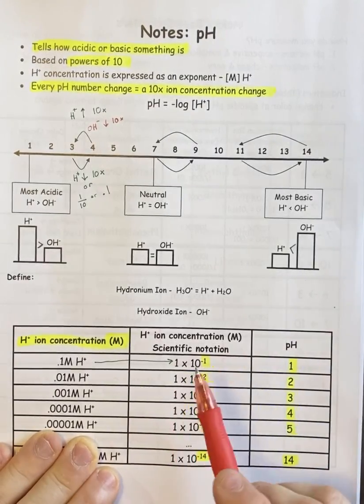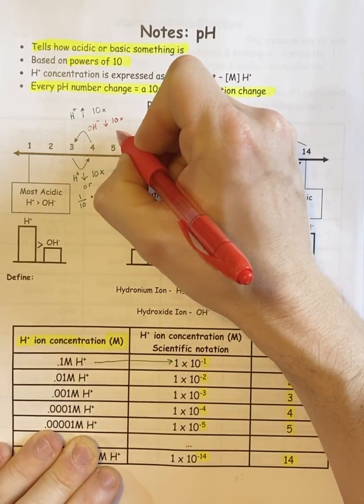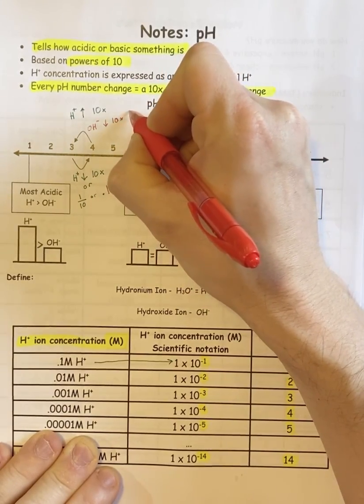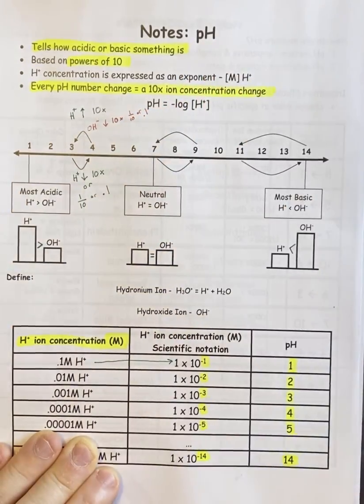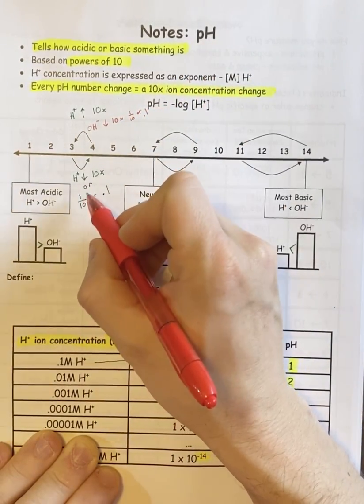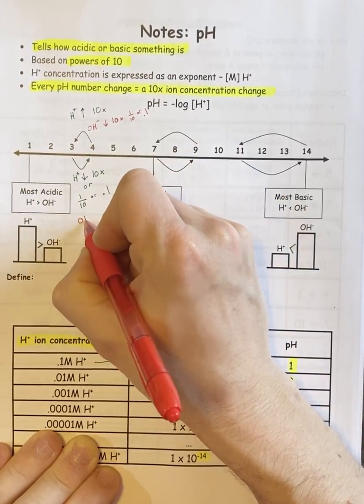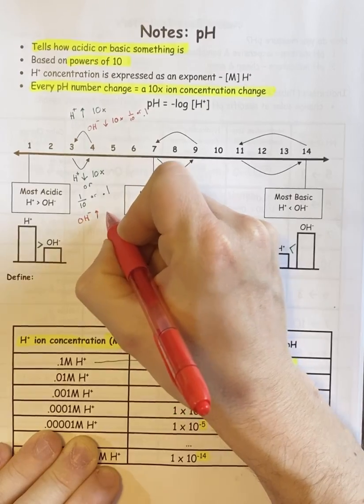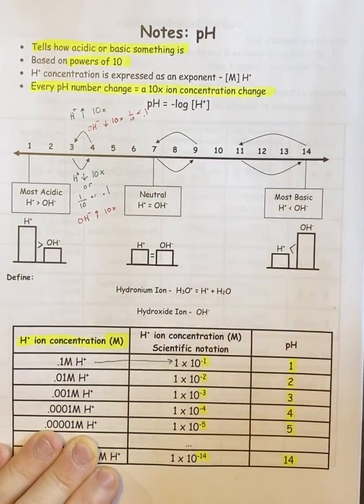From this point on, I'm only going to define it in terms of H plus, but you could do the opposite for OH minus. And then, again, you could also represent it as 1/10 or 0.1. And the same thing with the reverse. As the H plus goes down, we could also say that the OH minus went up by 10 times. Both of those are true. Okay, so from this point on, I'm only going to talk about H plus.